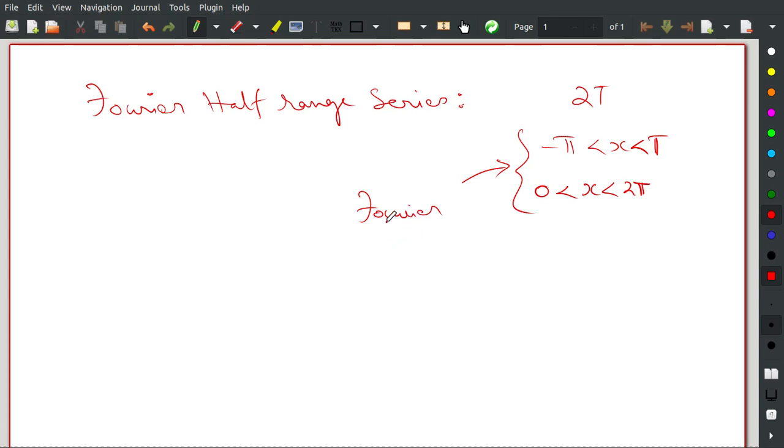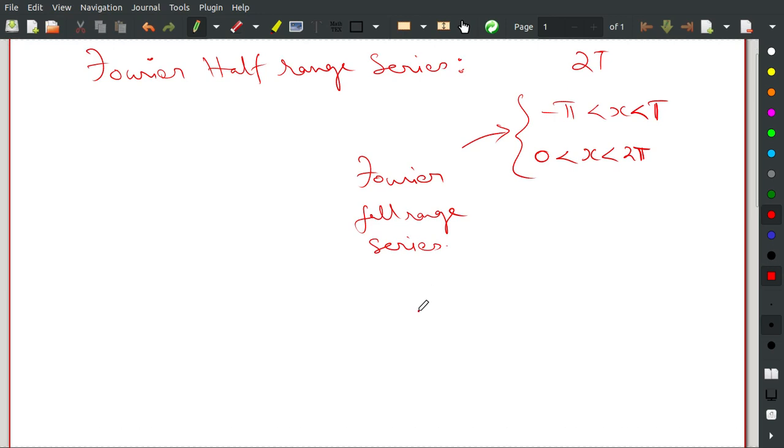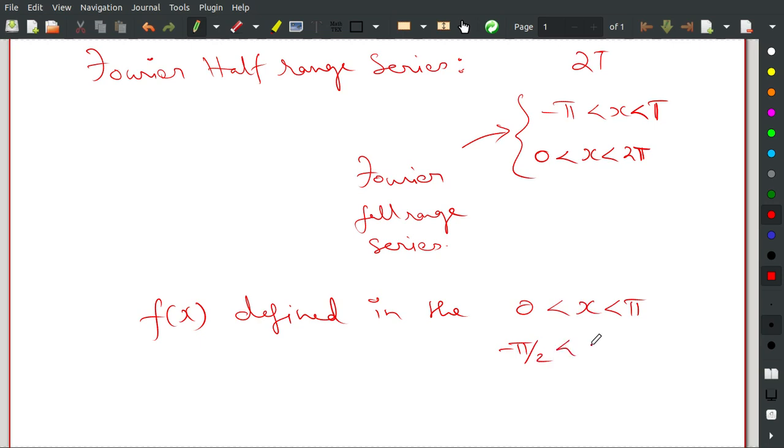Fourier full range series. Okay. So what's the Fourier series for a function f of x defined in the period from 0 to pi, or minus pi by 2 to plus pi by 2?